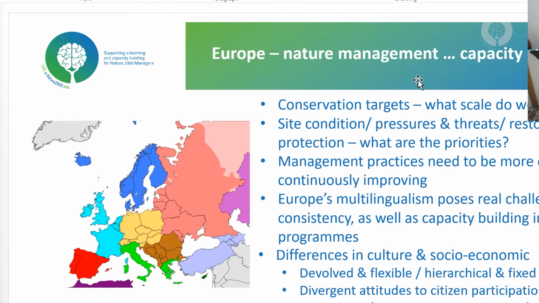So we need to be imaginative about how we can provide the means of building capacity that don't rely on the traditional sort of face-to-face and networking approaches. And also within the different countries within Europe, there are different scales of opportunity in terms of access to finances, as well as use of different technologies.